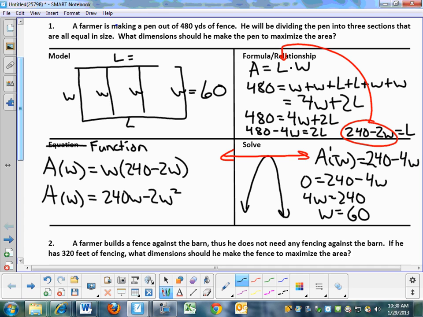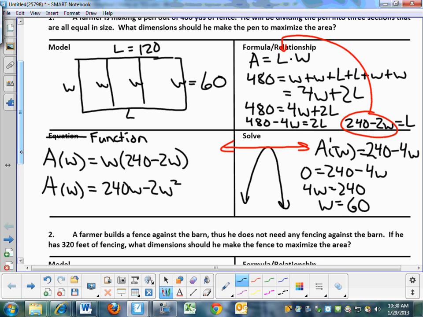So W is equal to 60. So 240 minus 120 would be, yeah. So there's our dimensions. So what's new? Take the derivative, set it equal to 0.